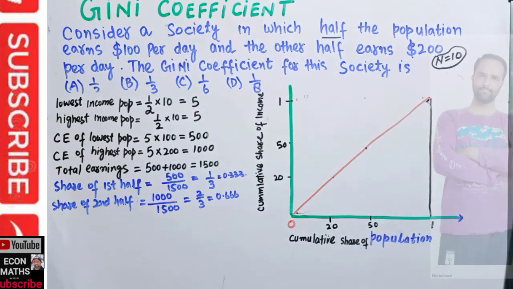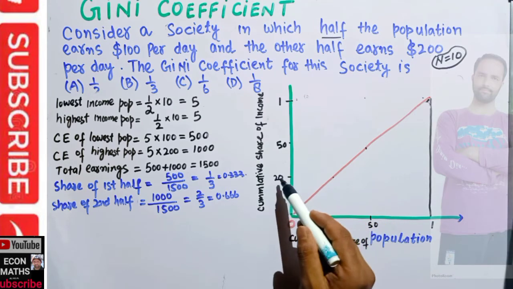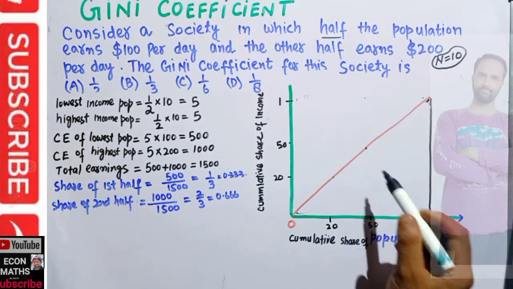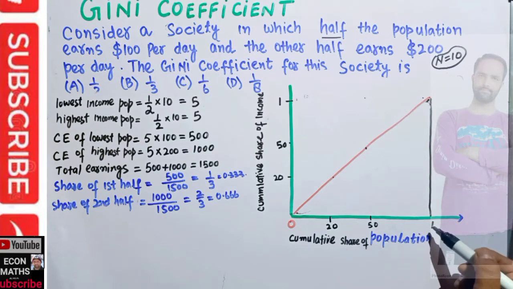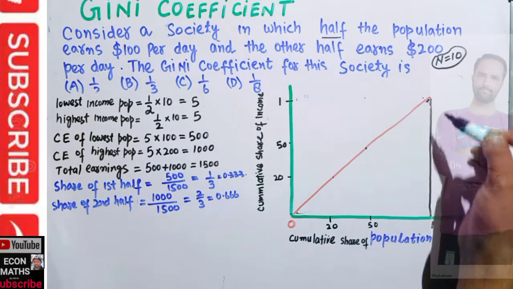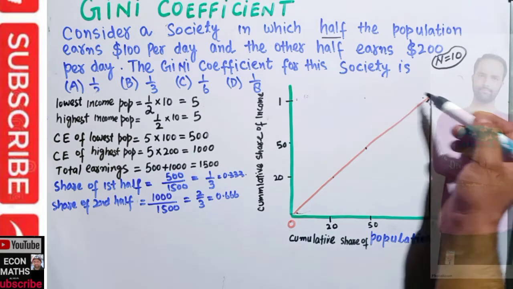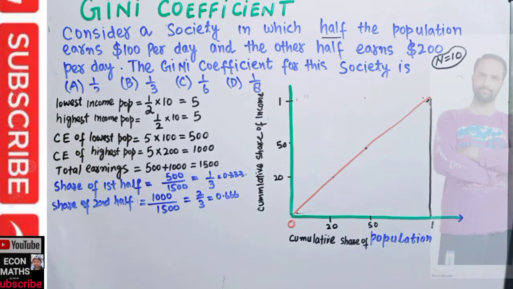By line of perfect equality, we mean that 20% of population owns exactly 20% of total income, 50% of population owns 50% of total wealth or income, and this point denotes 100% of population owns 100% of income.